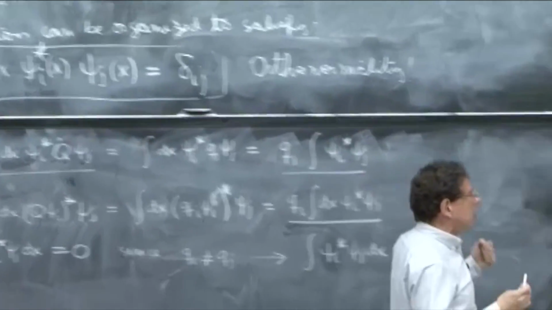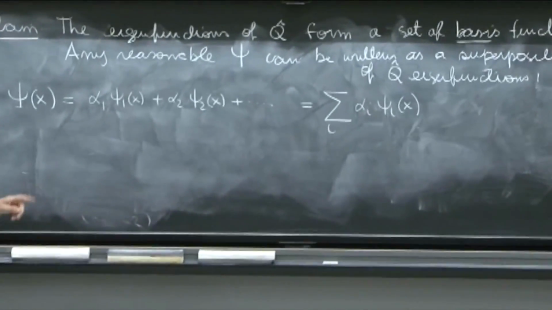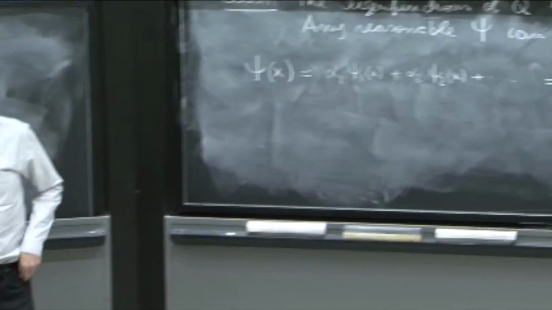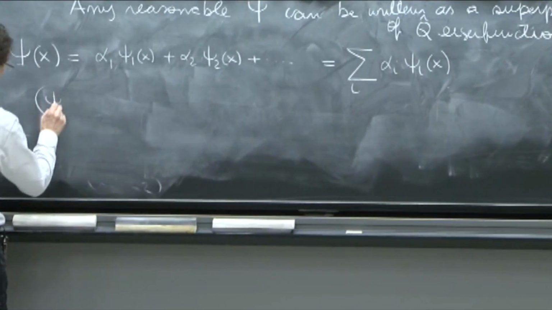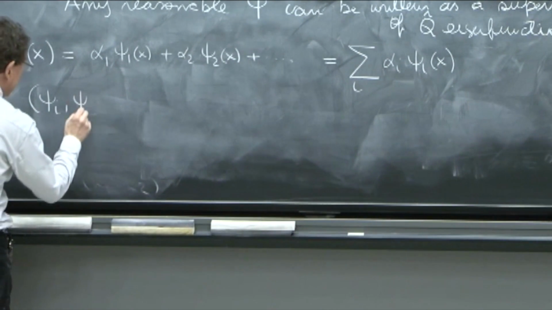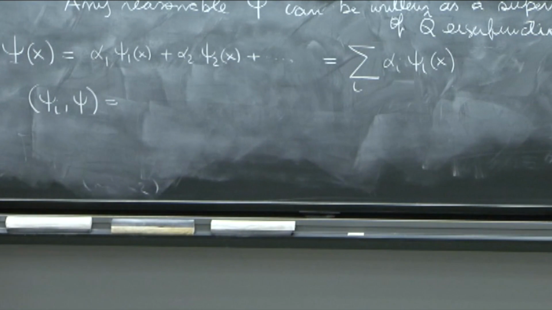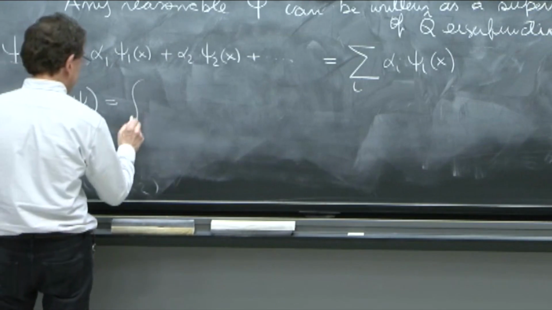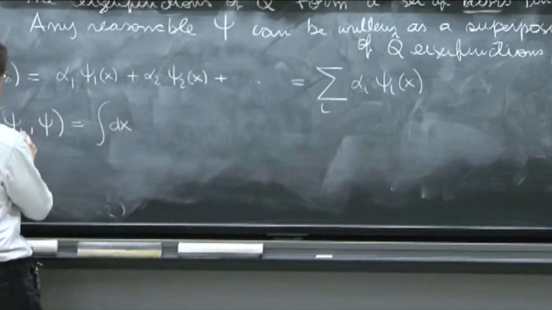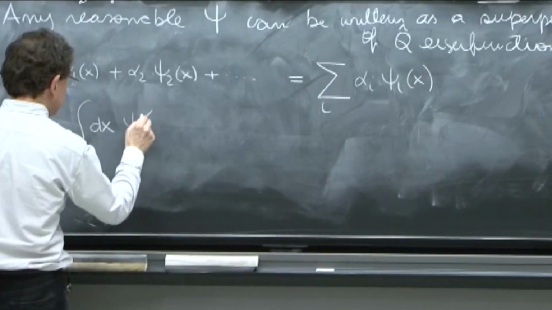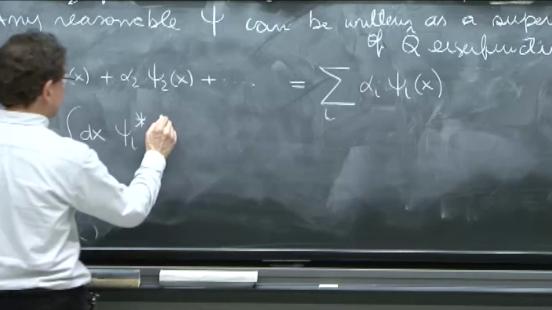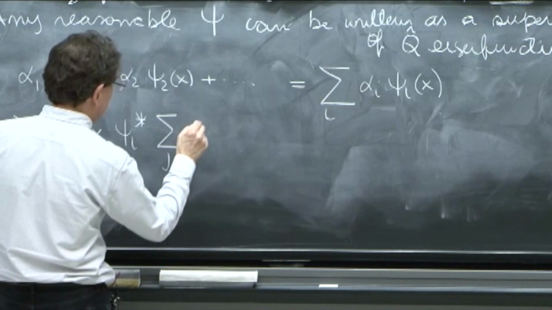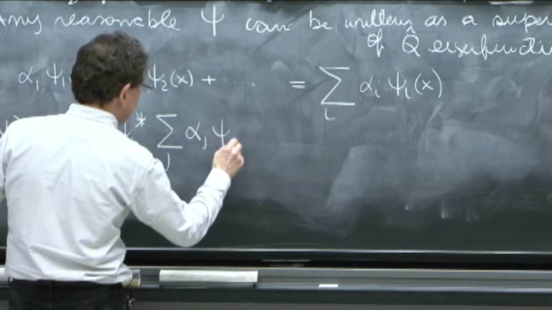You must have done the work to calculate them. So you can do the following integral: psi i with psi. Remember what this is: the integral dx of psi i star times psi, and psi is the sum over j of alpha j psi j.